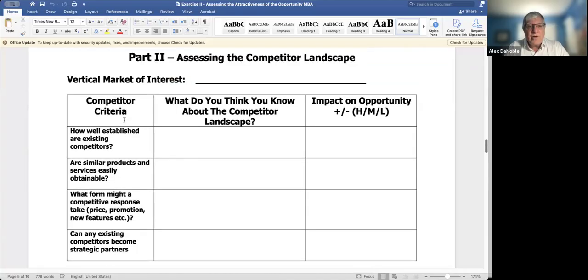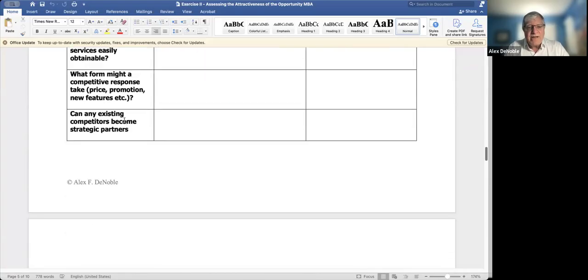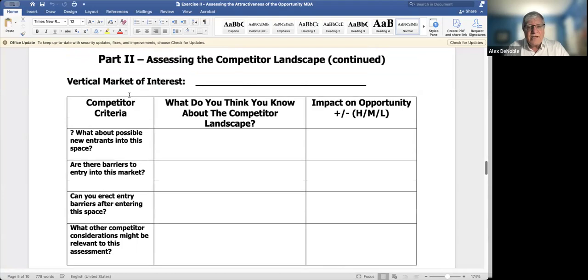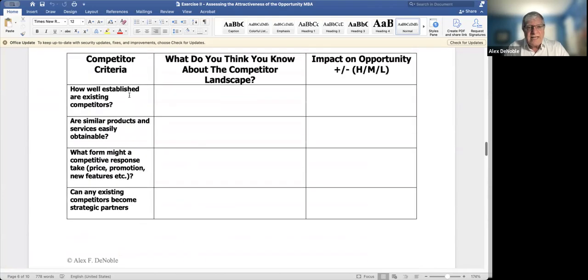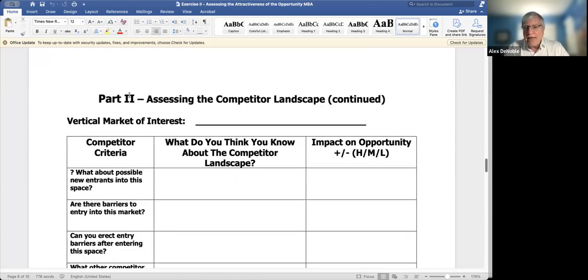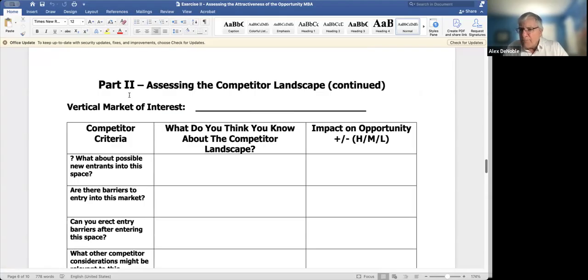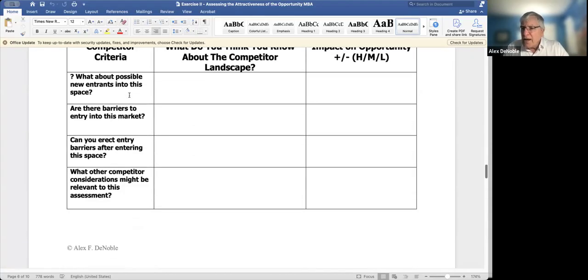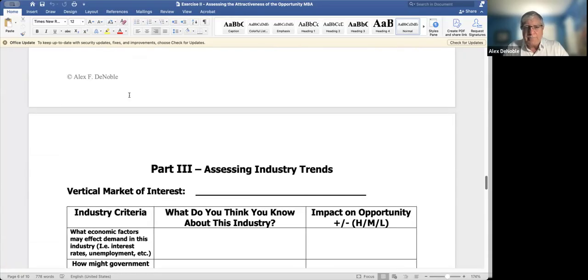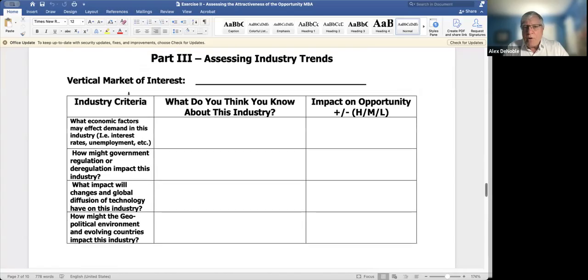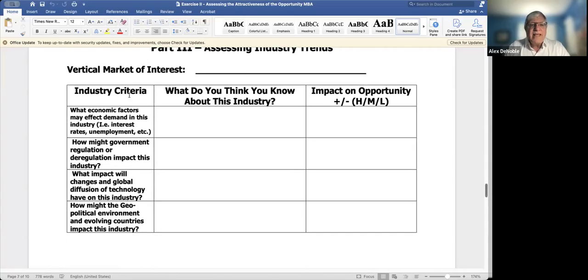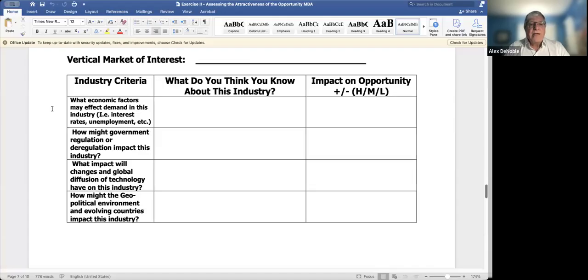If you look at assessing the competitor landscape, again, I'm asking you a whole set of questions here that get you thinking more deeply about the kind of competitors you're about to face in the market. And then part 3 is industry trends. What are some of the economic factors?